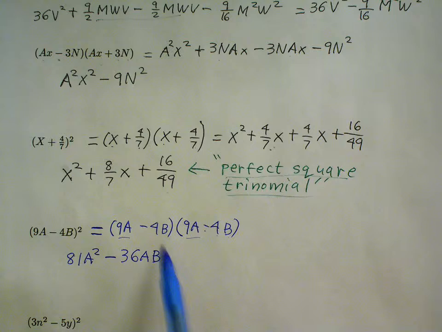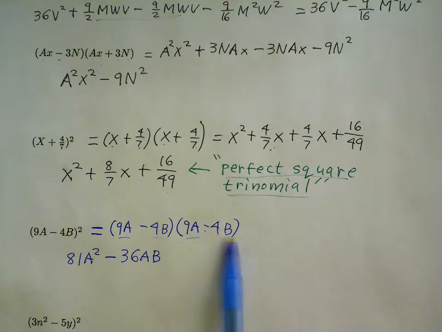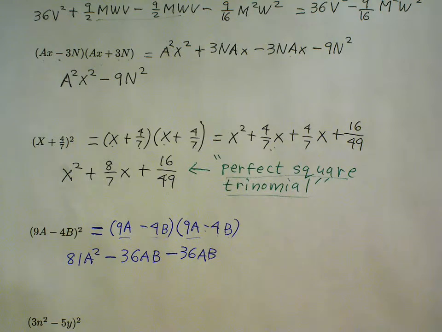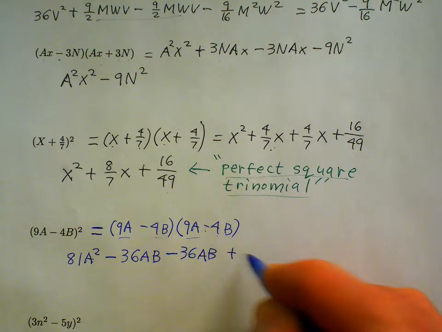And then the next stage of the multiplication, we are going to multiply negative 4b times the binomial 9a minus 4b. So negative 4b times 9a, that means we're going to subtract 36ab again. And then finally, negative 4b times negative 4b. A negative times a negative is a positive, so we're going to get plus 16b to the second.